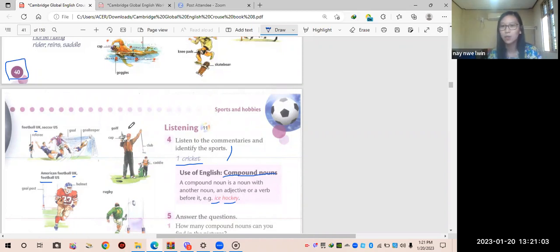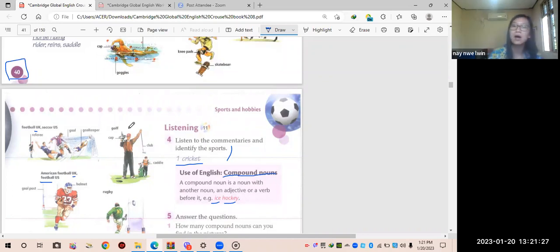Okay, so there is another word that is not a compound noun. Become. What is that? Become, b-e-c-o-m-e, right? Yes, that is the original word. You mean that is a combination of be and come? No, the original word is become.